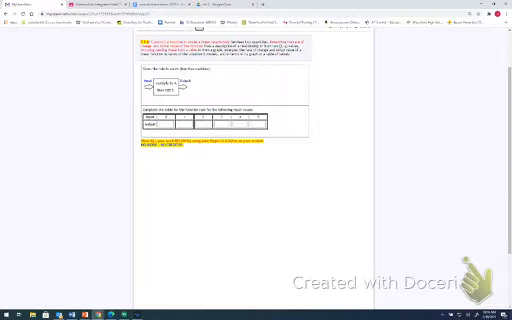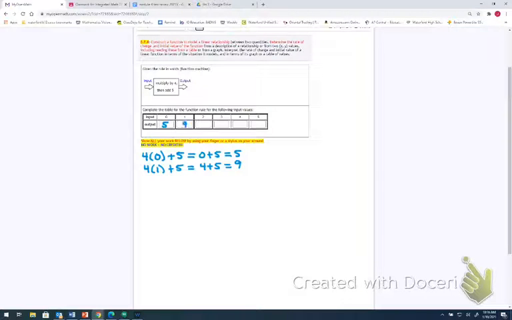So multiply by 4. Our first input is 0. So 4 times 0, and then add 5, plus 5, equals 0 plus 5 equals 5. So then we type 5 right here. Then we do the second input, which is 1. 4 times 1 plus 5 equals 4 plus 5 equals 9.